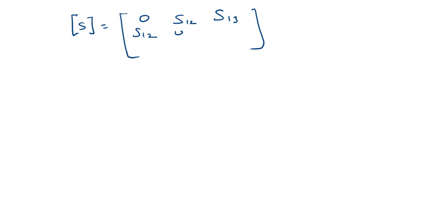The scattering matrix looks like this: 0, S12, S13, then S12, 0, S23, then S13, S23, S33.